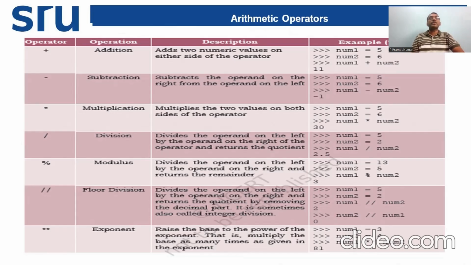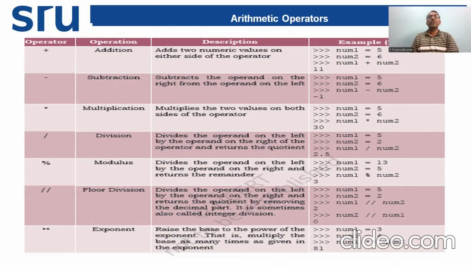The second one is the subtraction operation, which is also the same. If you place it in between two operands, then it performs a subtraction operation. Example, 5 minus 6 is minus 1. Then multiplication is similar to the normal mathematical multiplication operation, where if you place it in between two operands, the first and second operands will be multiplied.